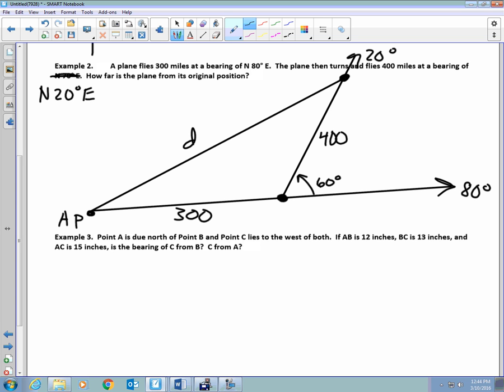All right. So, Kelsey, what is then this angle right here? 120. So I tried to give you a little bit of a hint by drawing that bearing a little bit further so you could see this angle, and that's kind of what happens. So now, what kind of triangle do I have? Side angle side, which requires the law of cosines. And so I'm not going to use the letters A, B, and C. I'm just going to write it out generically.